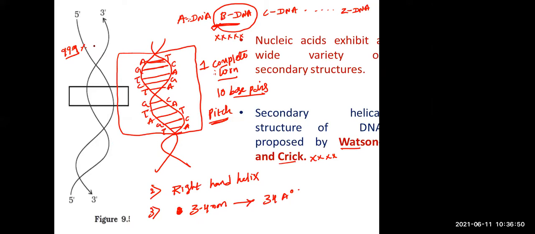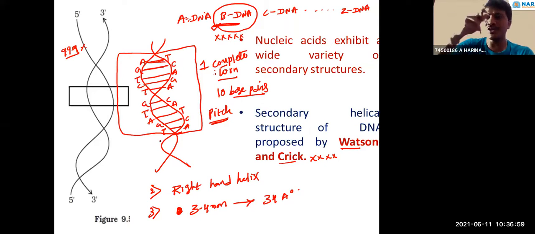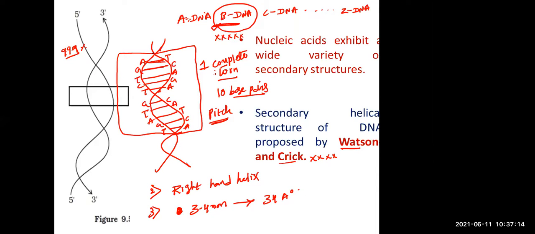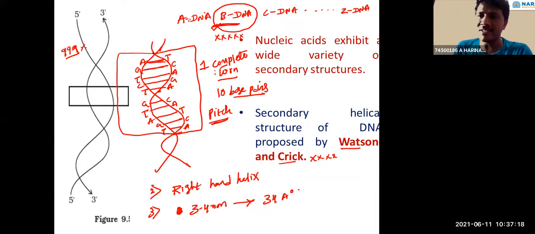Sir, I am asking about only one polynucleotide. No, both together we call this. This is one polynucleotide chain, this is one more polynucleotide. Together they form a helix, right? The length of the complete pitch or helix is 3.4 nanometers.